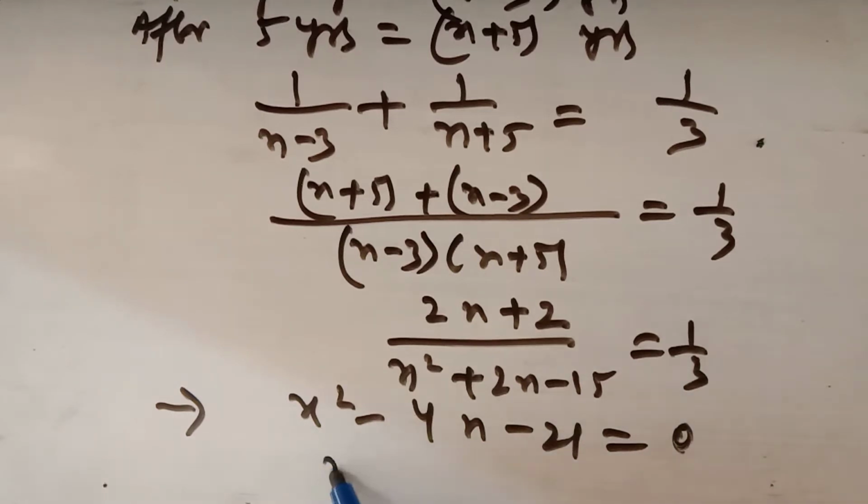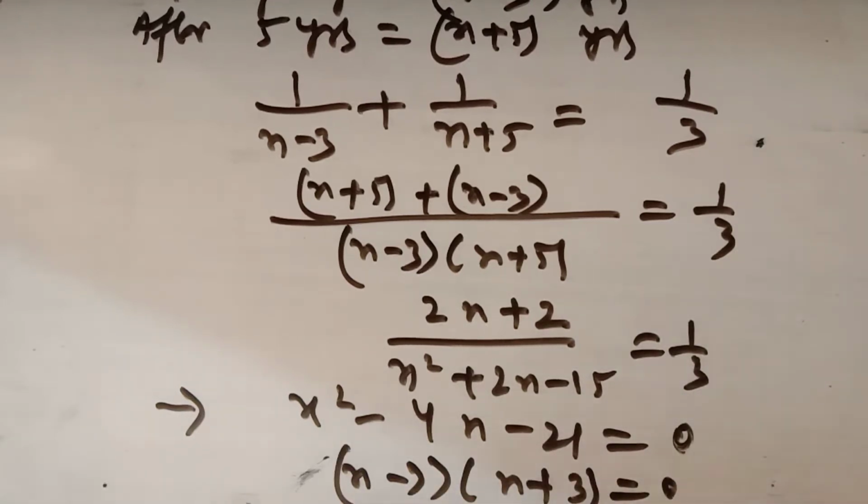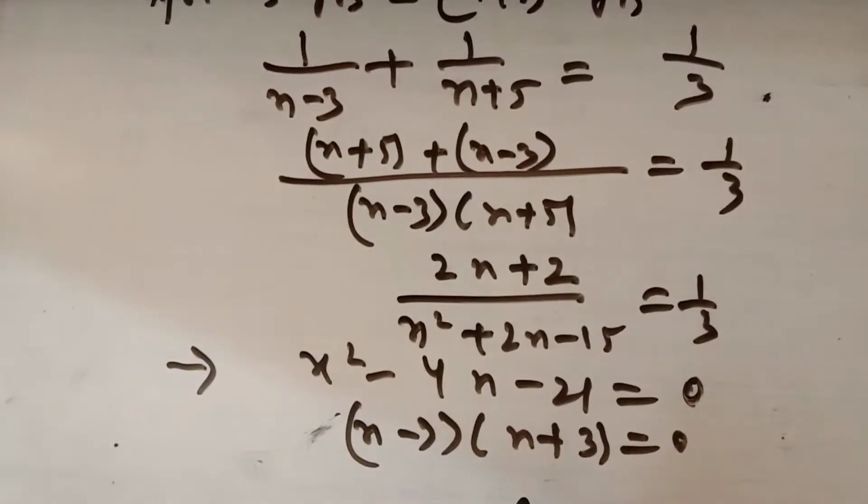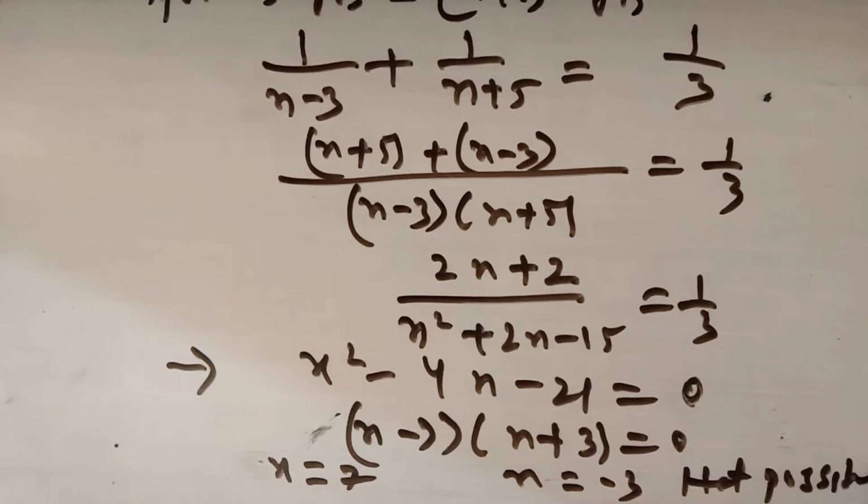So I can factorize it by splitting the middle term. If you find splitting the middle term easy, then use it. Otherwise you can use the quadratic equation formula. So x is equal to 7, x is equal to minus 3, which is not possible. Age cannot be negative.